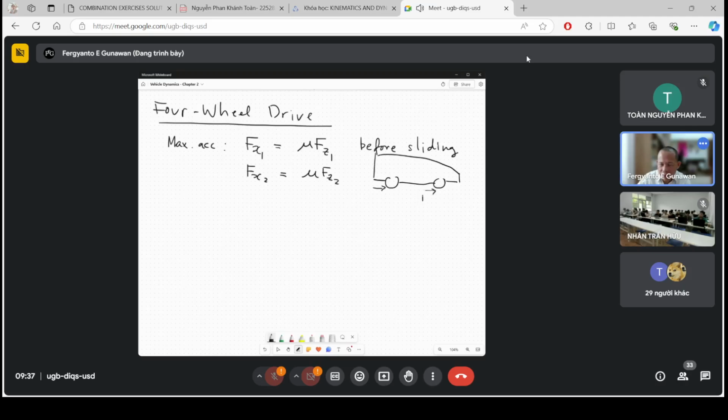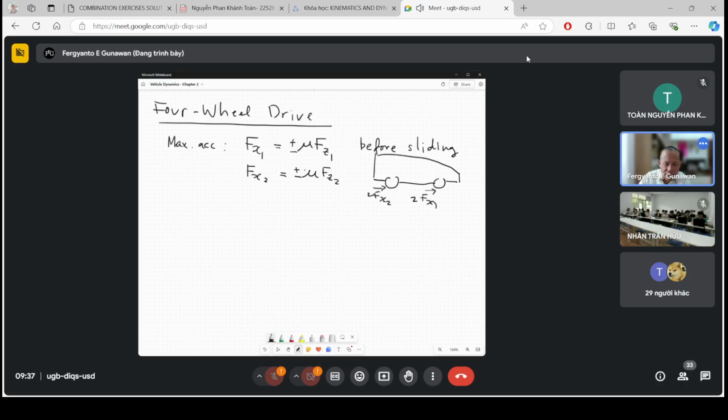So we have Fx1, and here we have Fx2, right? And the equation of motion, you can use plus and minus because it may be for acceleration and deceleration.